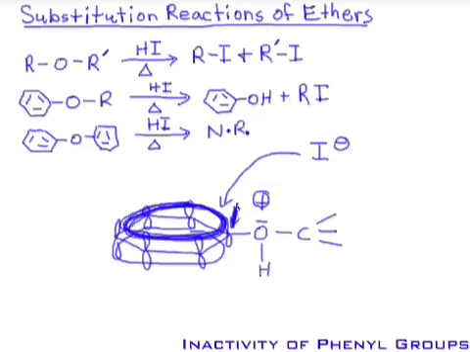It must attack that carbon or there's no reaction. And when you have two phenyl groups, there's no place for it to attack. The I minus comes in and bounces off the aromatic pi cloud of electrons, which is negatively charged. Like charges repel each other. So when there are these aromatic rings, I minus gets repelled and there's no reaction.